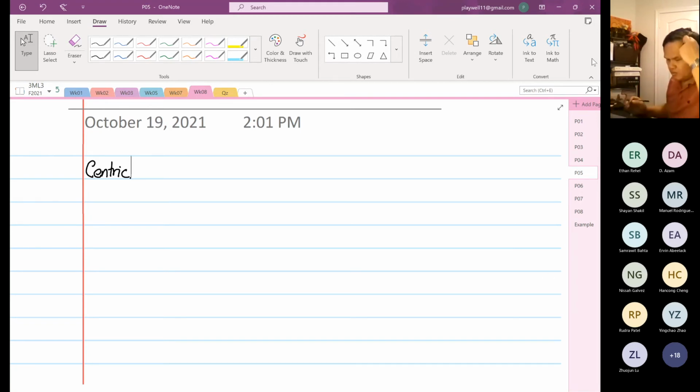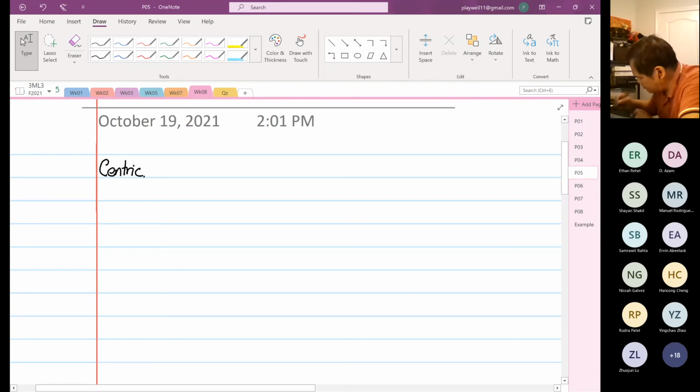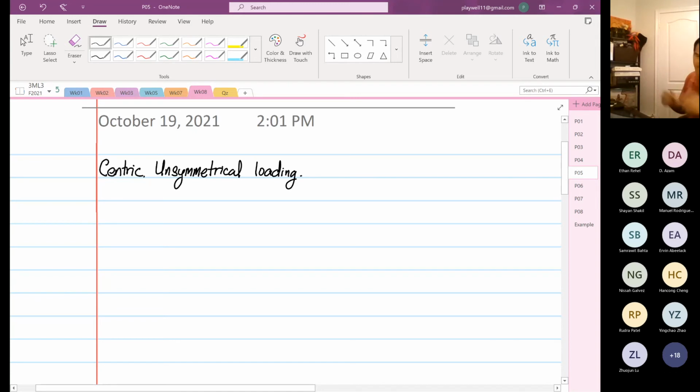Okay, so we are going to look at eccentric loading. Now it's different. Unsymmetrical loading. So now I'm going to put in more formulas. It's not going to be any more difficult.